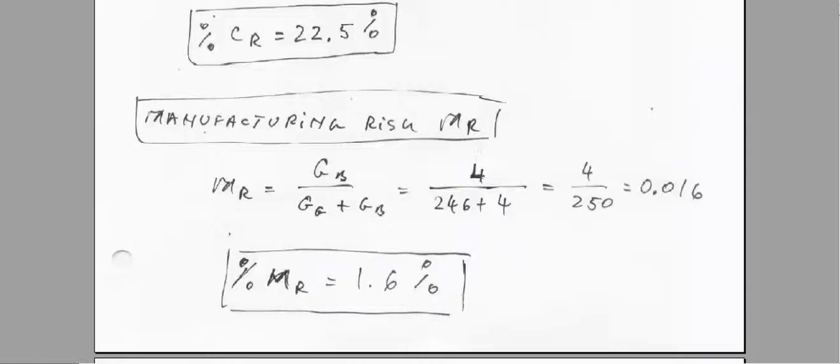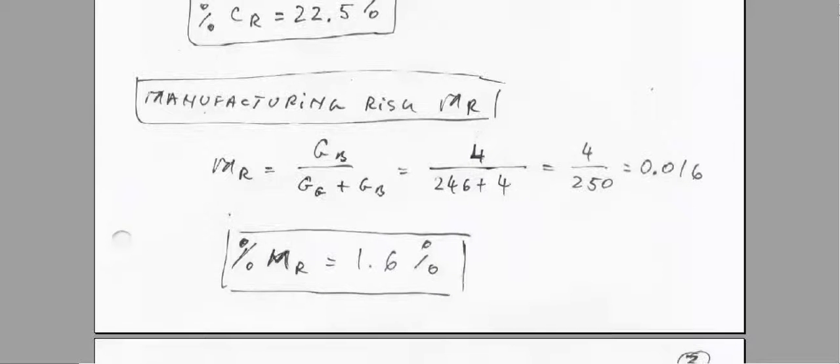Manufacturing risk is a similar scenario here, which is the ratio between good, which we were calling bad, over the total population of goods, which is GG plus GB. In this scenario, we have 4 parts which were good, but we called them bad, and the total population of goods, which is 246 plus 4.